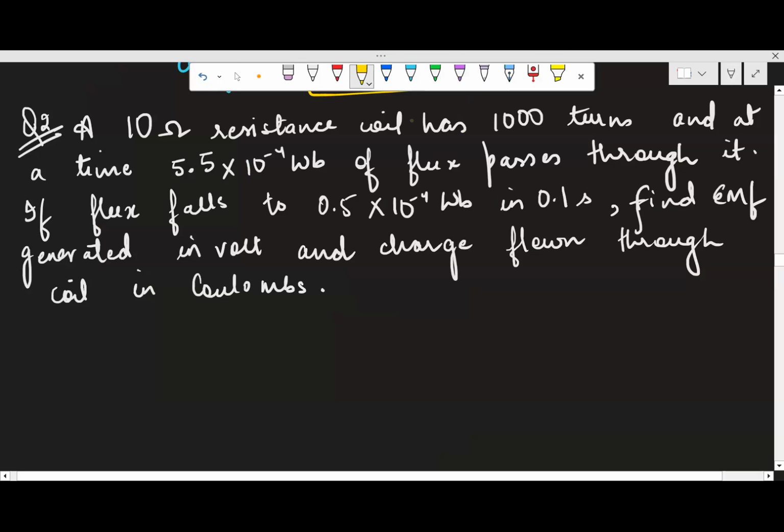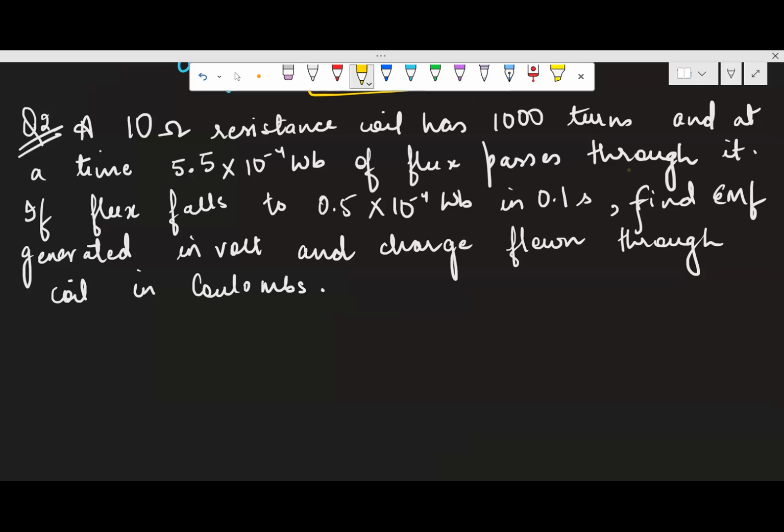See, this question says that a 10 ohm resistance coil has 1000 turns, and at a time 5.5 into 10 to the power minus 4 Weber of flux passes through it. Means resistance is given as 10 ohm, number of turns is 1000. Initial flux is given as 5.5 into 10 to the power minus 4 Weber.